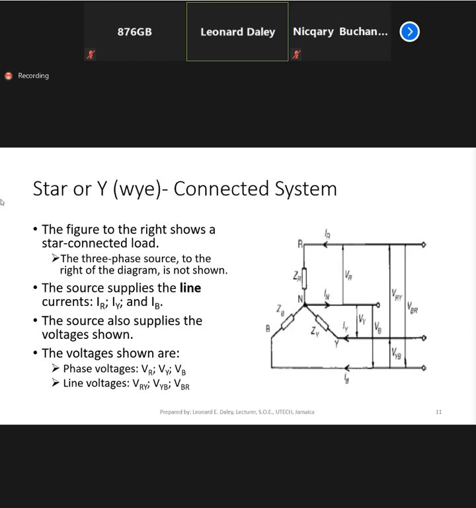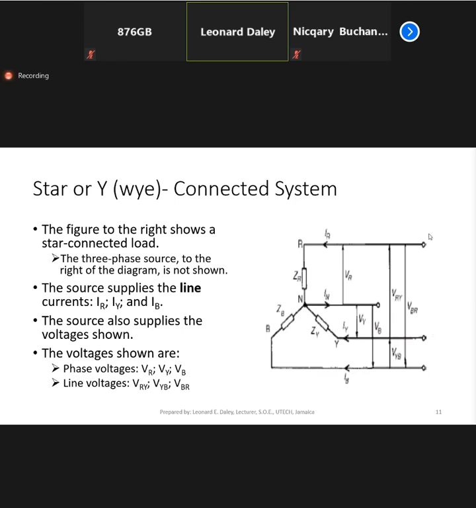All right, so let us look a little more closely now at a star connected load. This is a star connected load, and it is being supplied by a generator that is not seen. I normally would have a rectangular box here and write three-phase supply, and put in the voltage and the frequency.